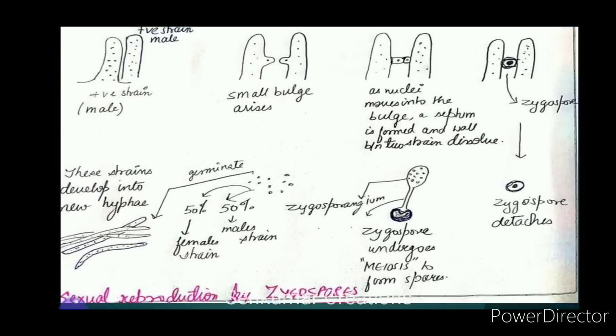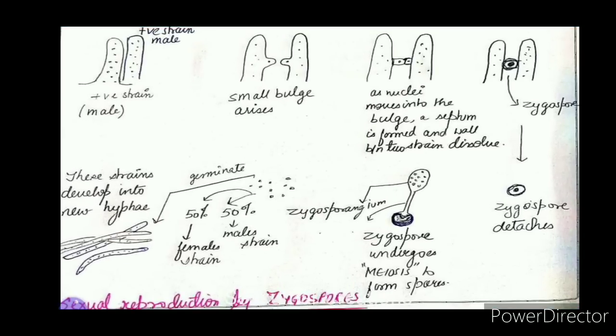And next we can see how that reproduction takes place. Sexual reproduction by zygospores is given here. Nuclei are transferred, and here you can see the nuclei and zygoplasm, and from there the zygospore is detached separately.